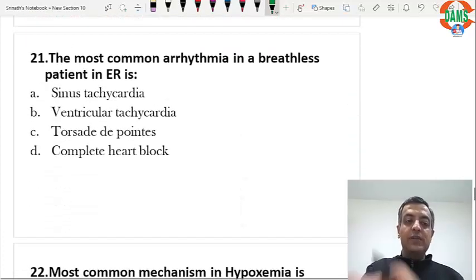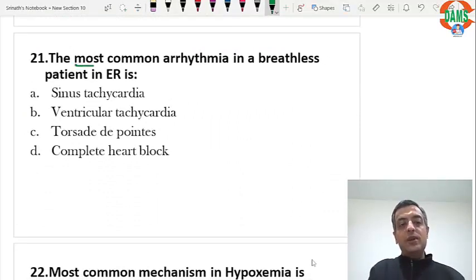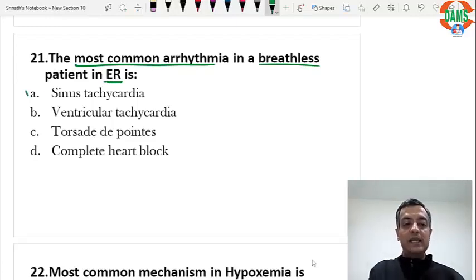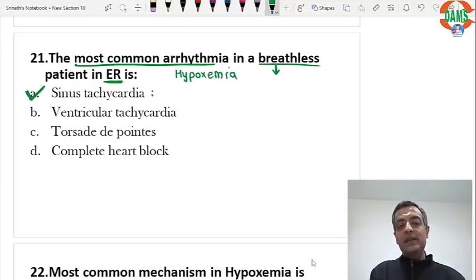In question 21, the most common arrhythmia in a breathless patient presenting to the emergency room is sinus tachycardia, because in breathlessness the patient is having two problems: hypoxemia and anxiety.